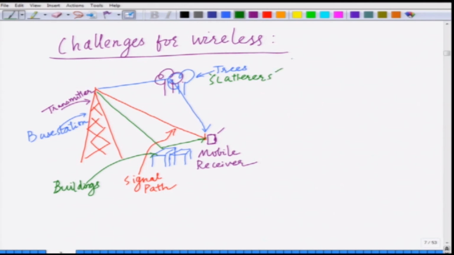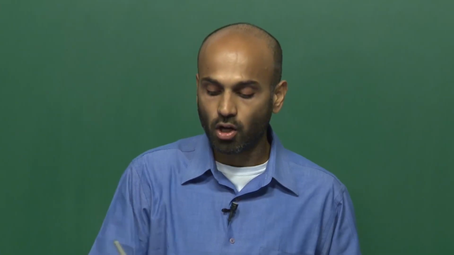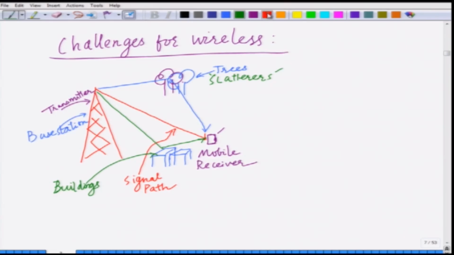So these trees and buildings are known as scatterers, which scatter the wireless signal, as a result of which you have not only the straight line component, but also these multipath components, which arise from the scattering action of the scatterers, that is the trees and the buildings in the wireless propagation environment. So what you have at the receiver is multiple signal components.